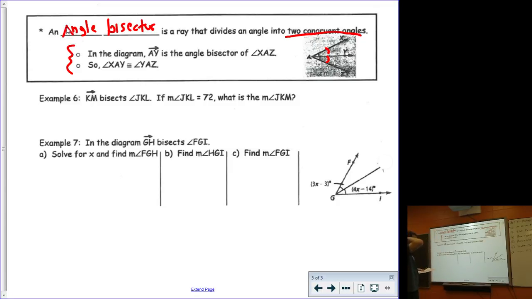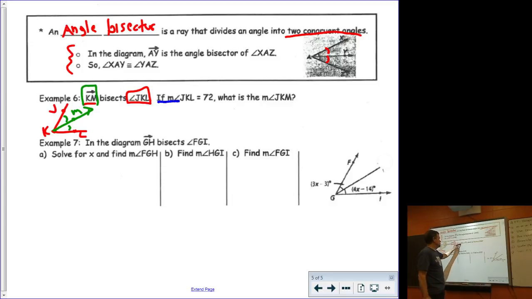It says that ray KM bisects angle JKL. That might look like this. Here's J, K, L. That's the angle. And then I've got ray KM. So that might look like this. And I've got the bisector. This equals this.